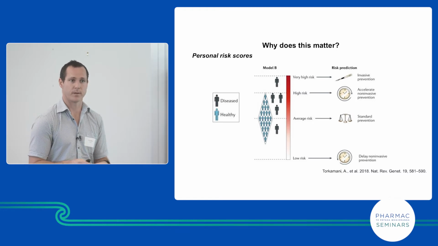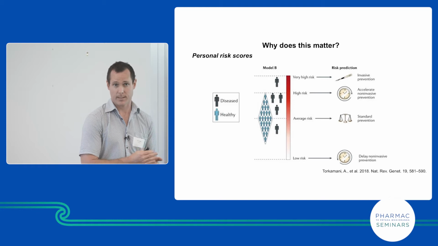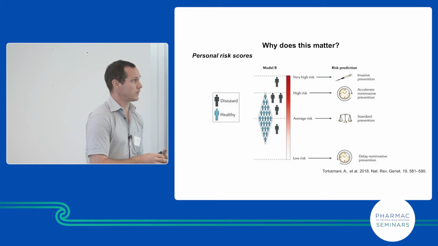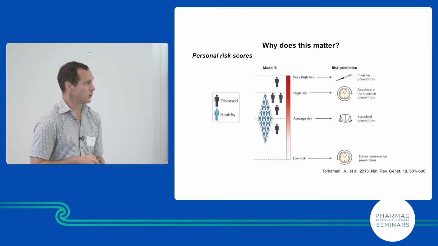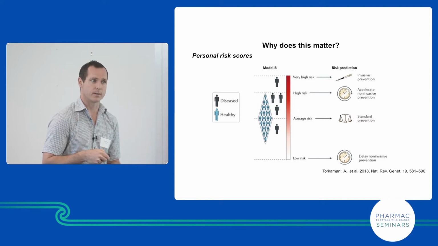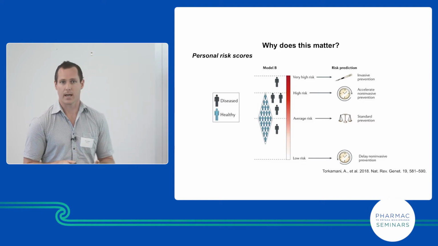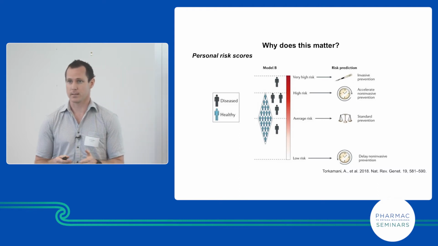Again, this is going to be different for every population. So there's evidently going to be some crossover, but there's going to be unique variants only found in populations that need to be discovered. So these can be used to estimate a risk, and someone with a very high risk up the top, this can point towards more invasive or earlier procedures to prevent the disease.